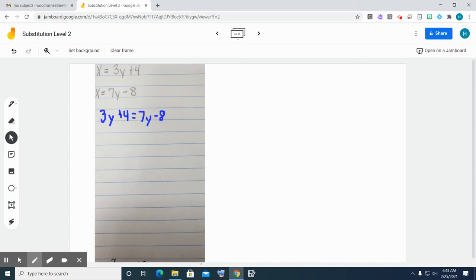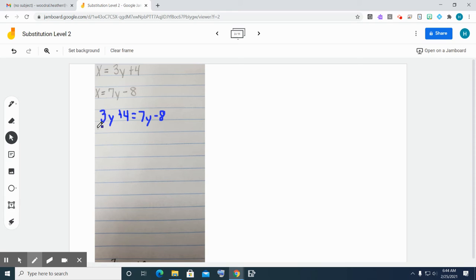All right, so step 2 says we're going to begin isolating the variable. We're going to get y by itself, and we're going to do that by getting the variables on the same side of the equal sign. I can either move 3y or I can move 7y. It's my choice. I don't like negatives, so I'm going to subtract 3y from both sides, because if I subtract 7y, I'm going to get a negative 4.